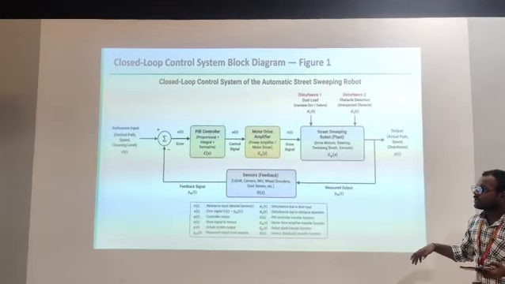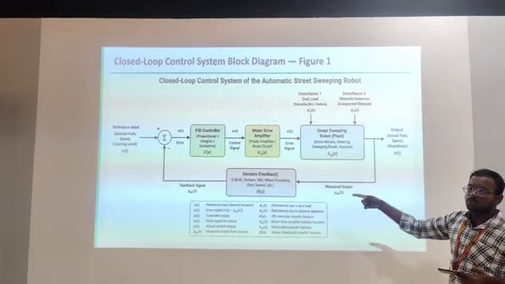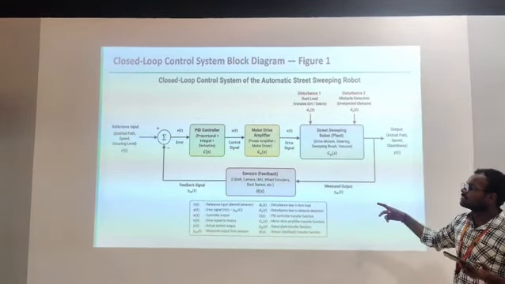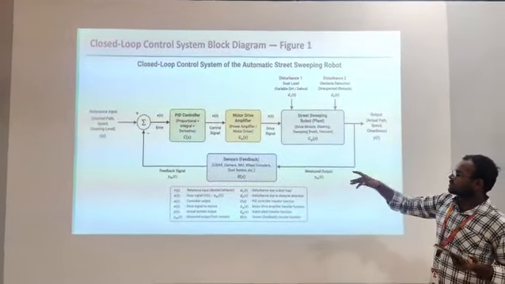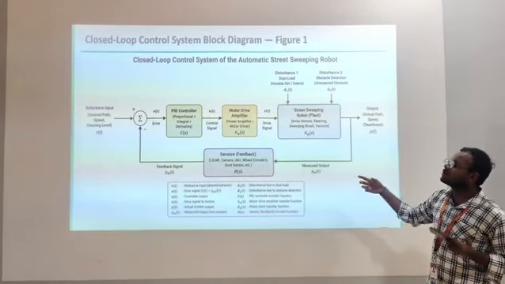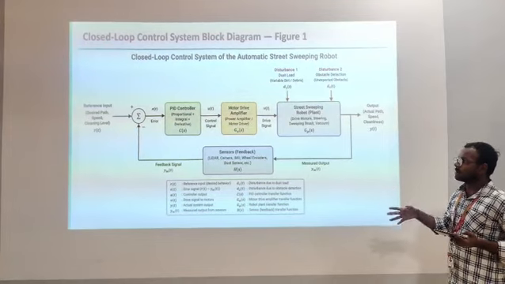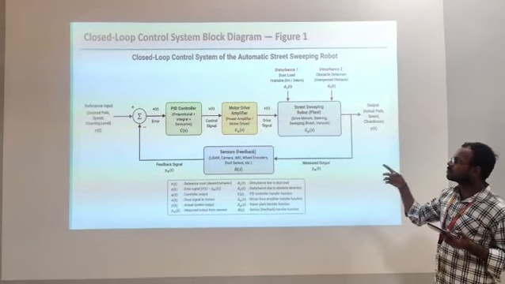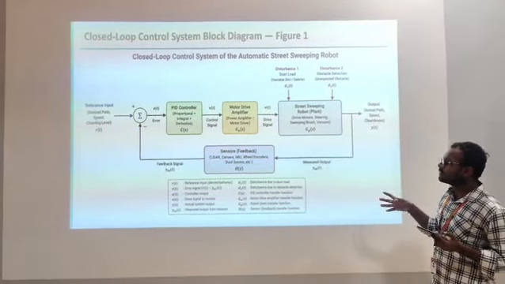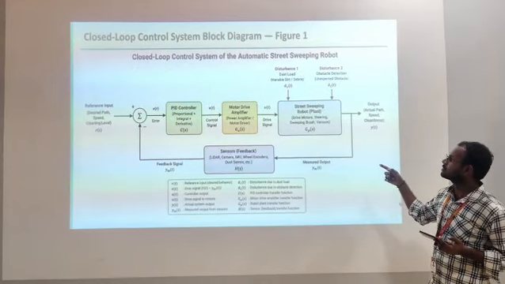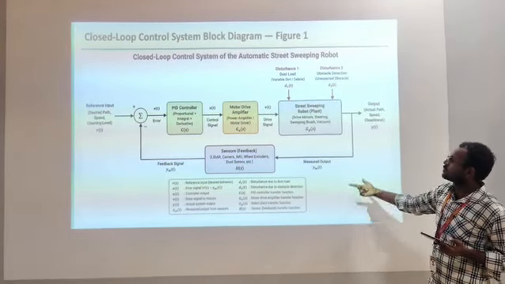Block diagram. The reference input is given to the summer where it generates an error, and the error signal is given as input to the PID controller where the output control signal is obtained, which acts as input to the motor drive amplifier where we get the drive signal for the plant system to run.